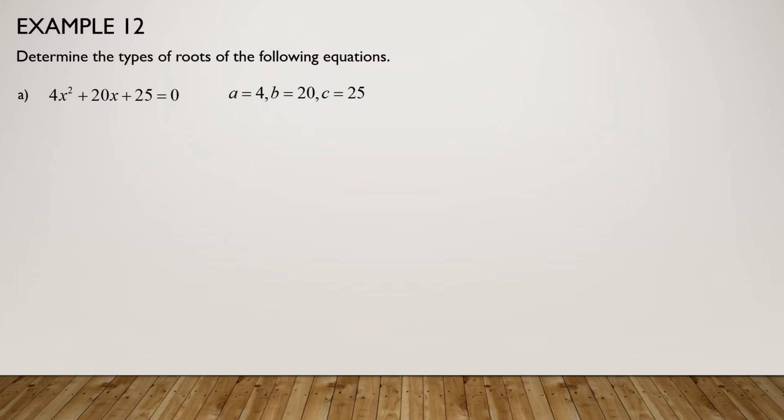A is equal to 4, b is equal to 20 and c equals to 25. Why we need this a, b and c value? Because we want to find its discriminant. So discriminant b squared minus 4ac is equal to 0. Hence, the type of root is real and equal roots.